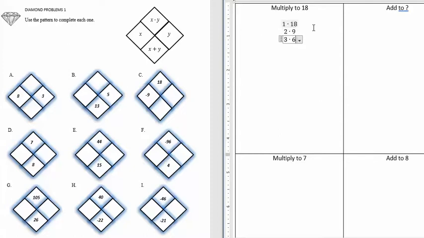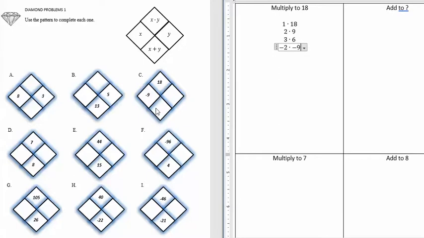So those are all the positive integers that would multiply together to give us 18. And you can see on the side here that we have a negative number. Two numbers that multiply together to give us 18 are positive 2 and positive 9. Another combination that would multiply to give us that would be negative 2 times negative 9.